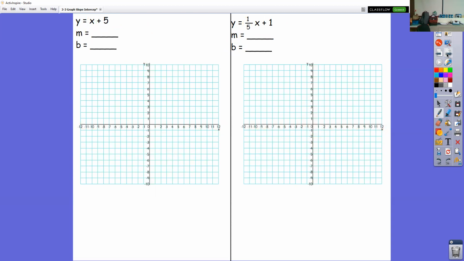Okay. A couple more examples. Y-intercept is +5. And then the slope is 1, which is 1/1. Next example, crosses the y-axis, y-intercept is +1.